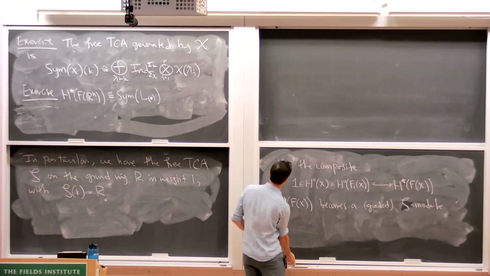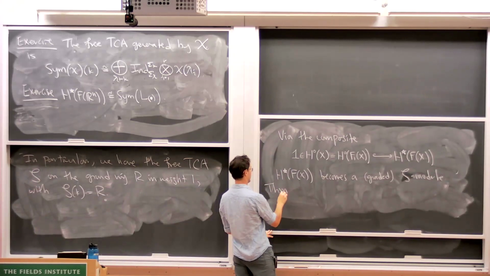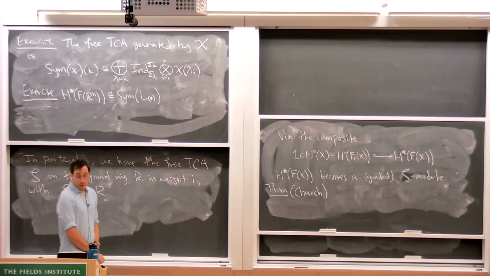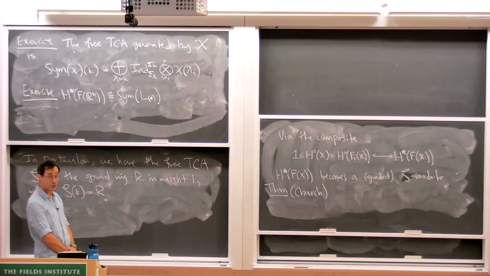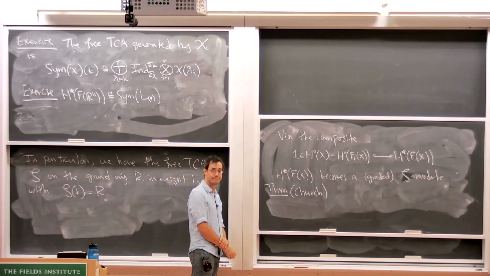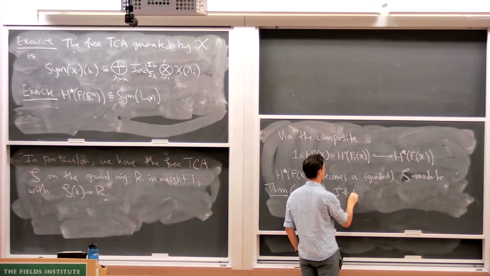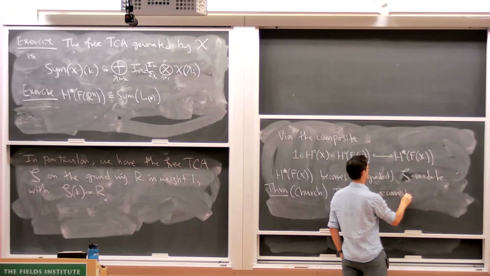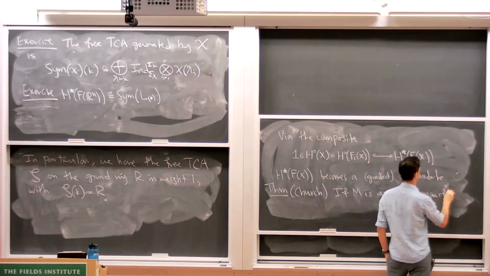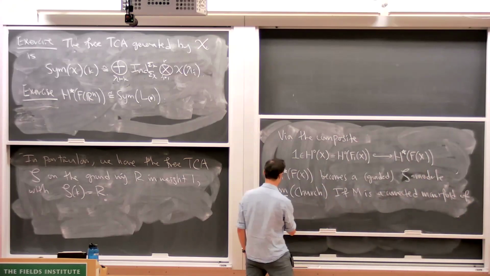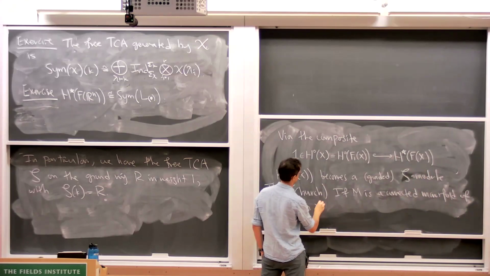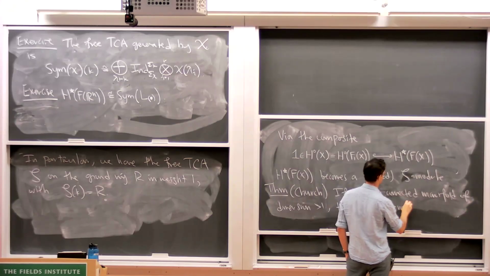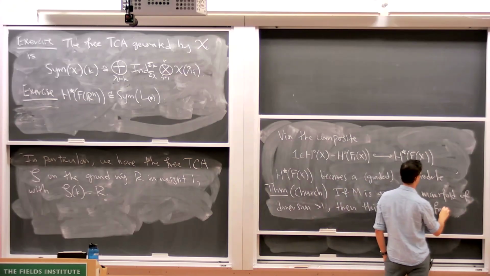And the theorem of Tom Church is that if M is a connected manifold of dimension at least 2, then this S module is finitely generated.